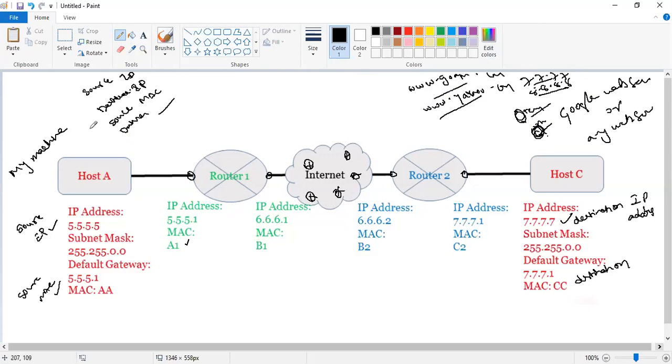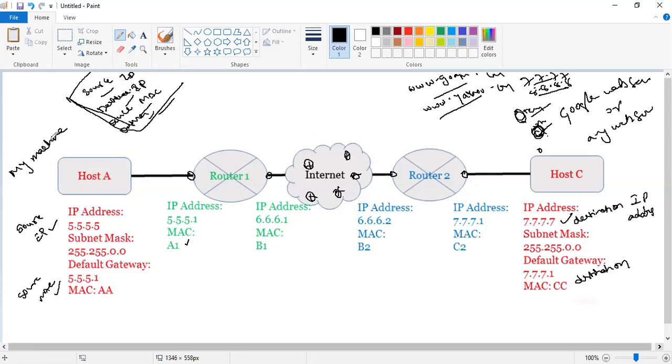So there should be something to make your data move from one point to another point. These four are mandatory, 100%. Why do you need the source? It has to know from where the request has been received. If some data comes over here, from where it was received is required.